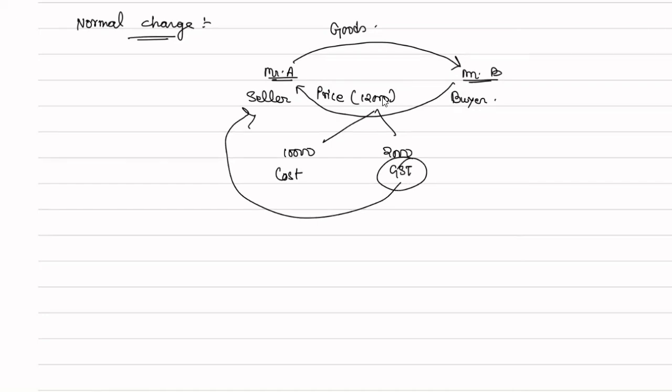We know that the liability to deposit the tax is not on the buyer but on the seller. So Mr. A will take this 2,000 rupees, and he will deposit it to the government. Correct? Any rocket science? That's what we know, that we pay the tax and the seller deposits it to the government.